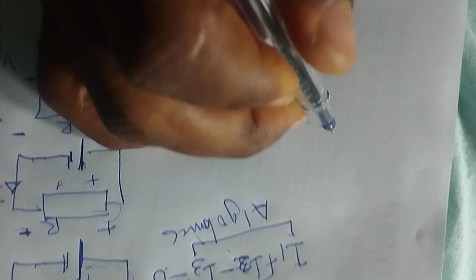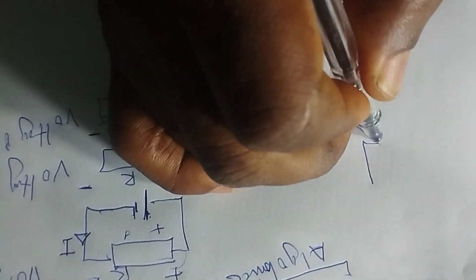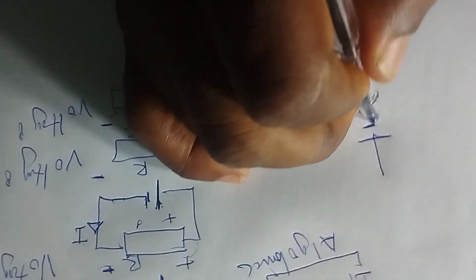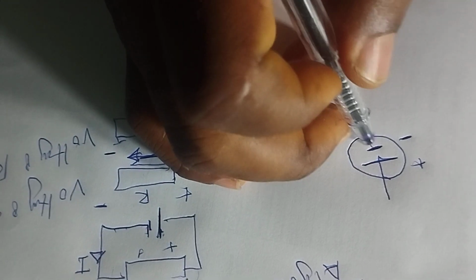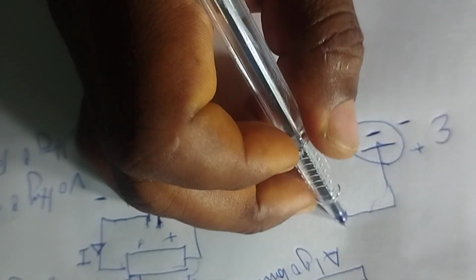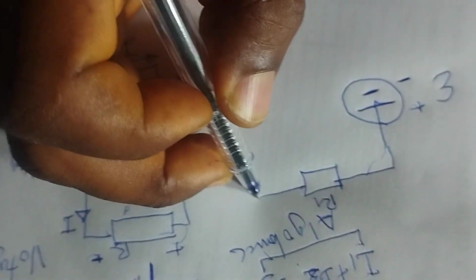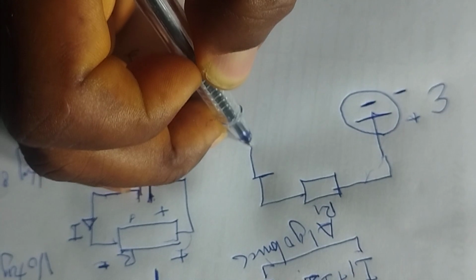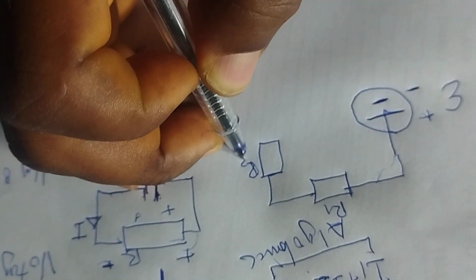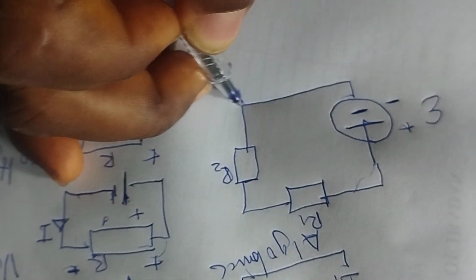For Kirchhoff's voltage law, let's say I have this particular cell here. So this is the positive terminal and this is the negative terminal. So the electromotive force from the cell, call it E. Now let's say I have resistor R1 connected, then I have resistor R2 also connected, and then the arrangement is connected to this cell in this format.